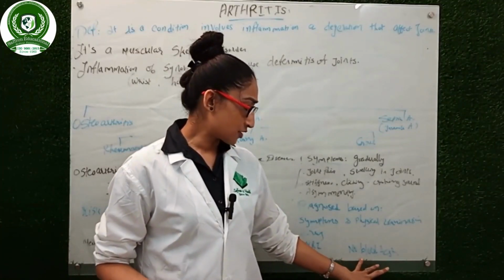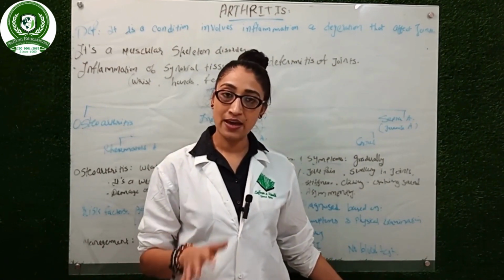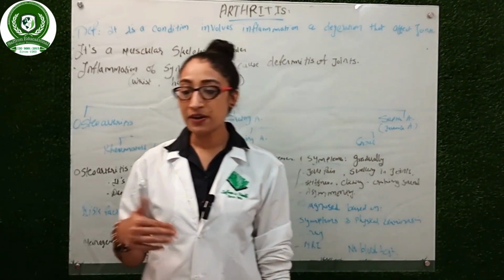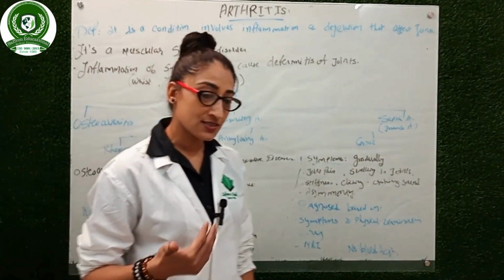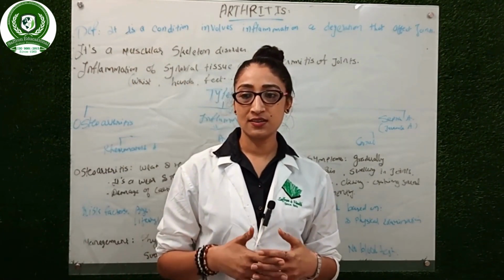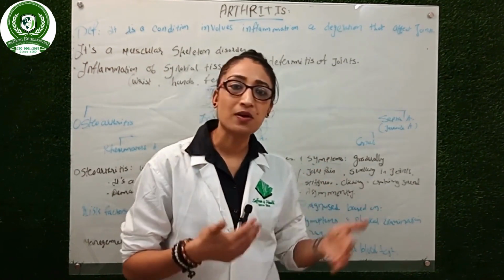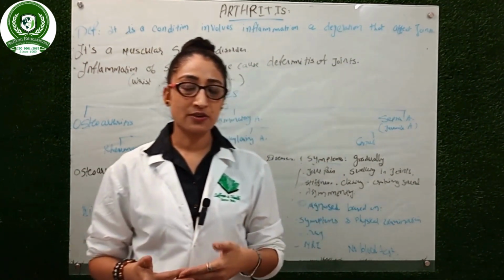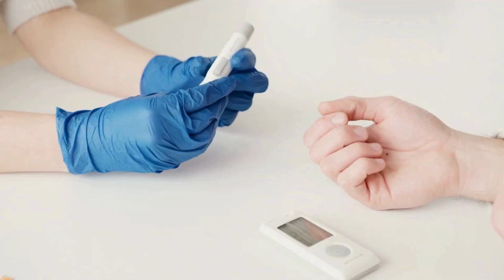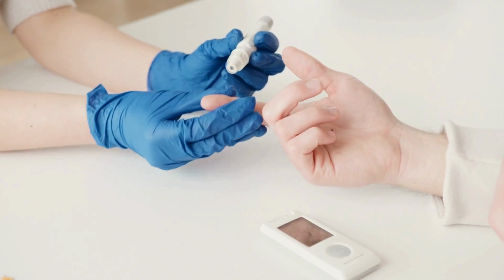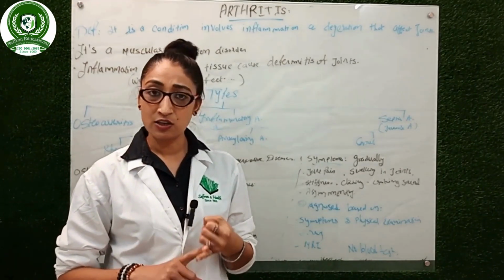There are actually no blood tests to diagnose osteoarthritis, but of course nowadays osteoarthritis comes along with so many lifestyle problems. So to understand whether the patient is suffering from diabetes mellitus or any other disease, the cholesterol level is checked.